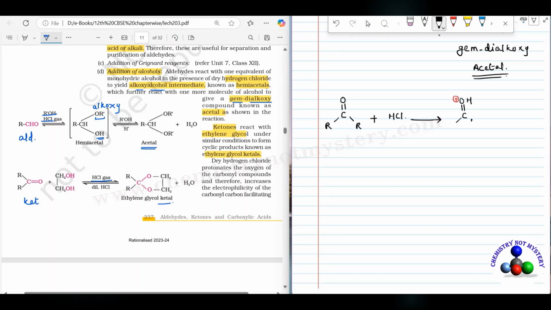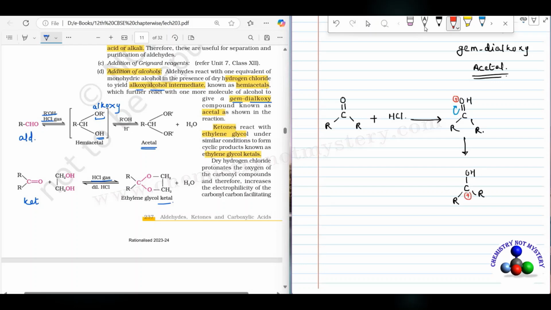And here it was already bonded to two alkyl groups. To neutralize this positive charge, the pi bond moves to oxygen. So here you will get carbon, here it is OH, and here it was bonded to two alkyl groups. As the pi bond moves to oxygen, carbon develops positive charge.